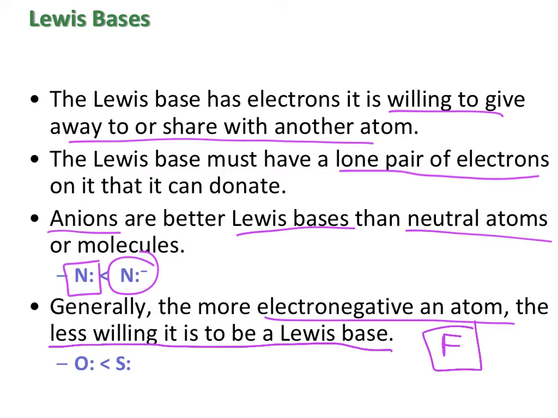Because of this, you can think of it like it being selfish. Very electronegative atoms don't want to give up those electrons, that lone pair, in order to be a Lewis base. Oxygen is more electronegative in comparison to sulfur, so sulfur is more willing to be a Lewis base in comparison to oxygen because of that.